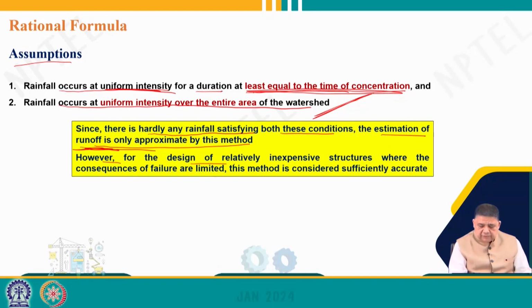However, for the design of relatively inexpensive structures where the consequences of failures are limited, this method is considered sufficiently accurate. But as I said, it is one of the very popular methods for designing soil conservation structures, especially temporary structures or structures having low life, because in such cases even if the structure fails, the danger to life or danger to property on the downstream may not be significant.